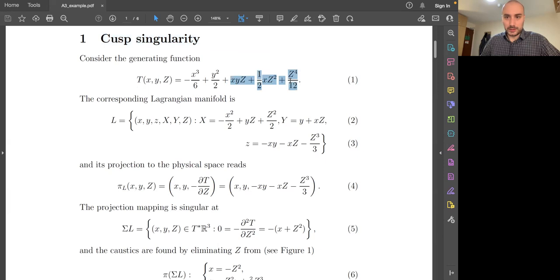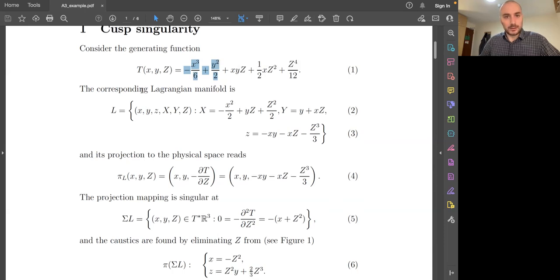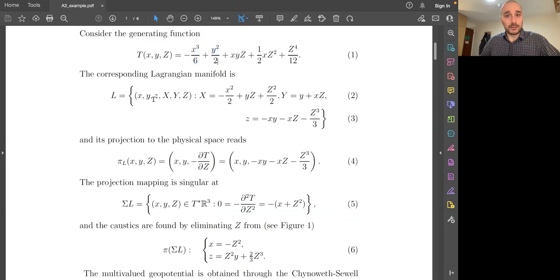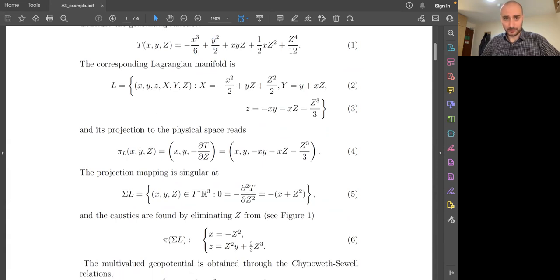So this is going to be the part which represents this cusp, while these terms are just needed to make T a solution of its Monge-Ampère equation. The Lagrangian manifold is recovered this way, and its projection to the physical space reads like this.